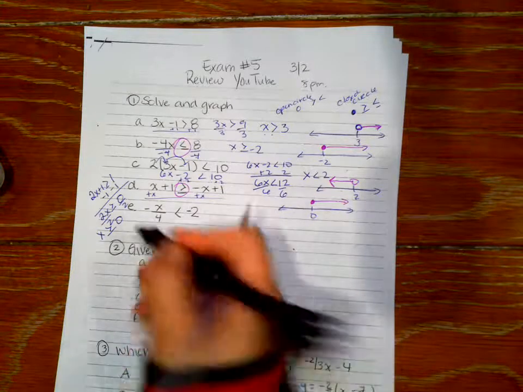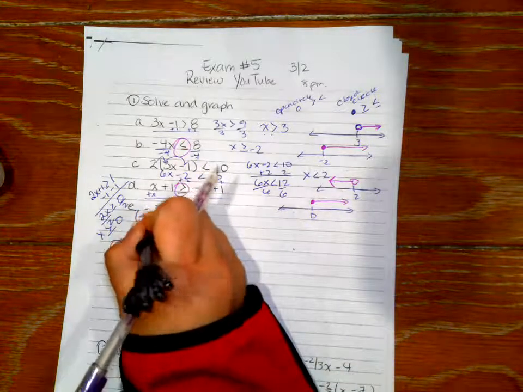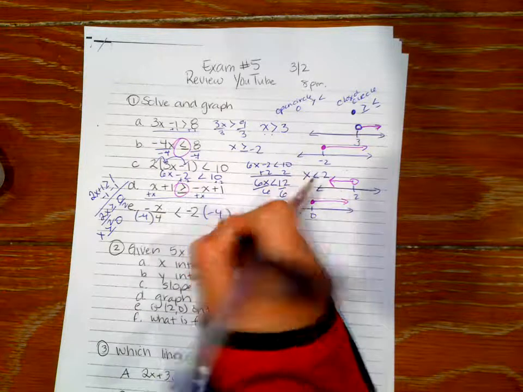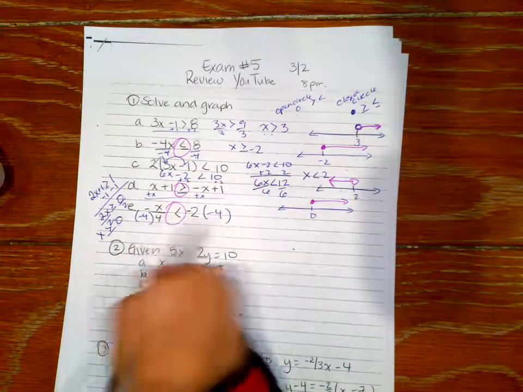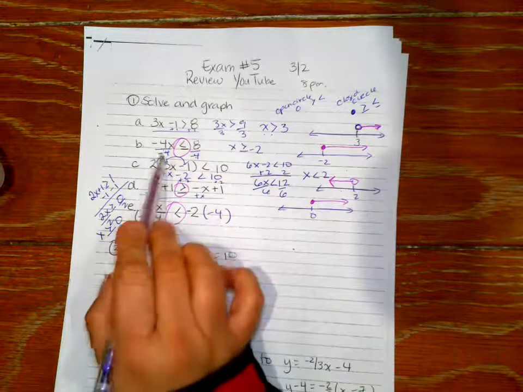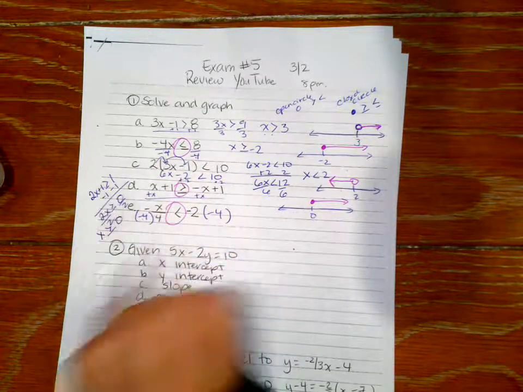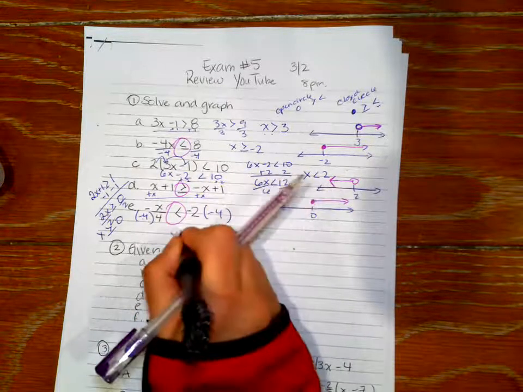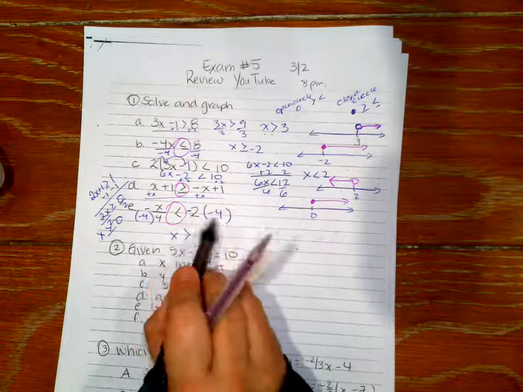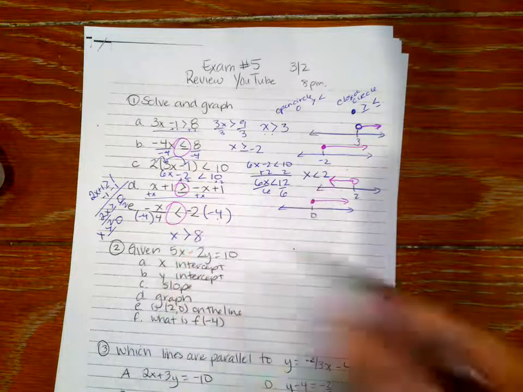Right here, I'm going to multiply both sides by a -4. And when I do that, I have to change the direction of the sign because I'm multiplying by a negative. Remember, when you multiply or divide by a negative, you have to change the direction of your sign. So that's going to give me x is greater than -2 times -4, which is a +8.